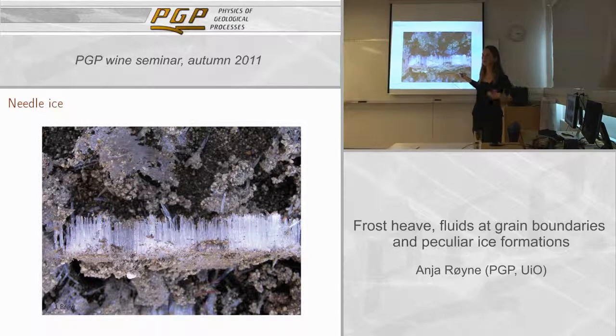The pores are small enough that, because of this surface effect, you have liquid layer being drawn up to the freezing site, which in this case is just on top here, and then to each of the freezing sites you have supply of water at the base of a needle, and then you grow this beautiful needle. It pushes the needle up, yeah. So it's frost heave on a very small scale.